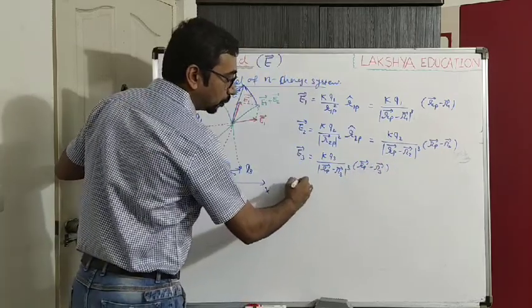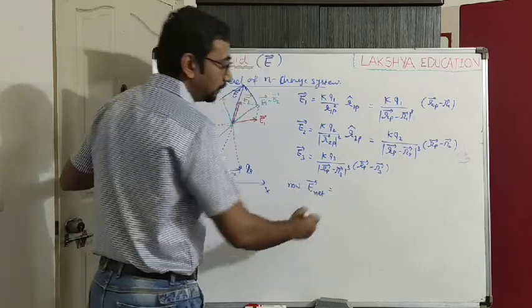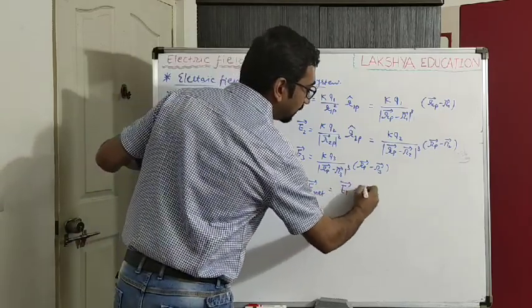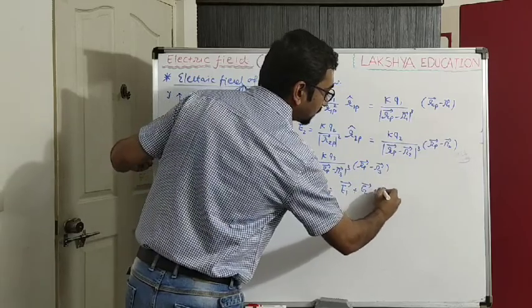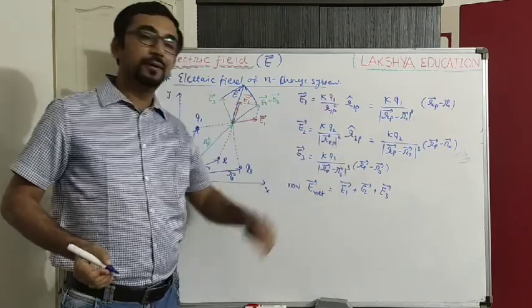Now the total or net electric field due to the system of charges is E1 plus E2 plus E3 in vector addition form. So we have to add these 3 vectors.